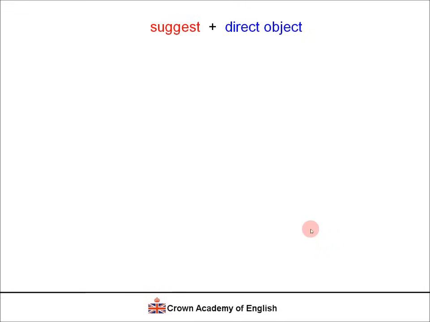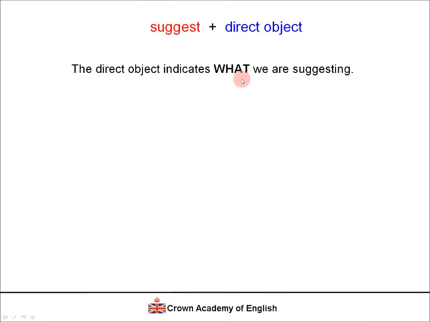So the direct object, so this is one that you've already seen. I suggest the chocolate cake is an example of direct object. So the direct object indicates what we are suggesting. And it is usually a noun phrase.